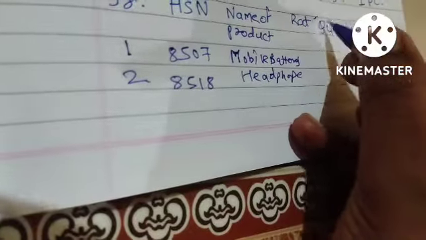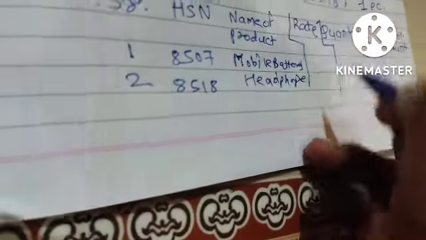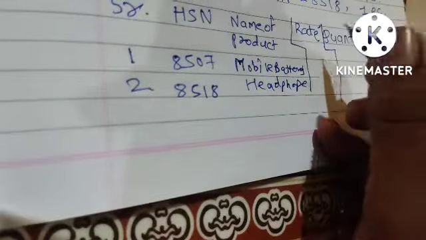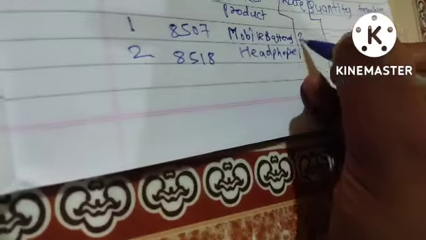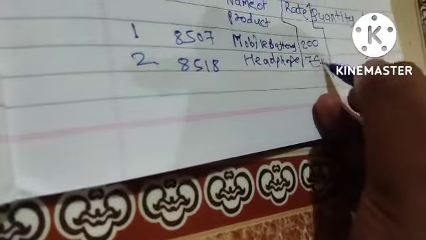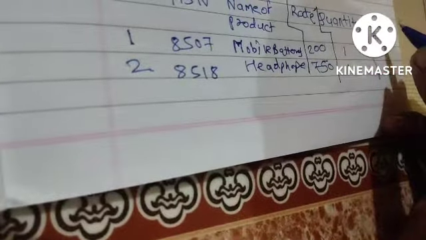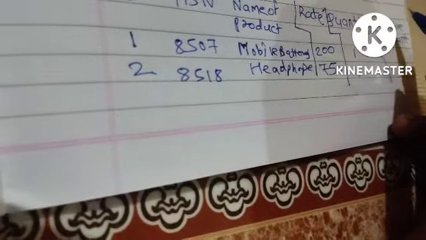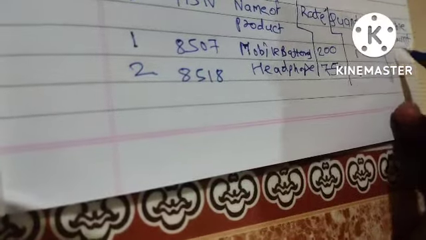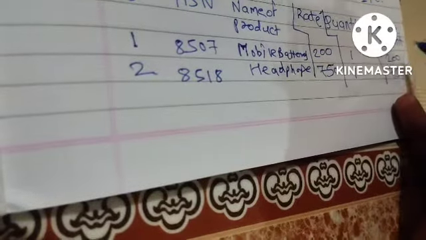Rate for the mobile battery and headphone is 200 rupees and 750 rupees. Quantity, both are one piece. Taxable amount will be 200 rupees, and 750 rupees for the headphone.